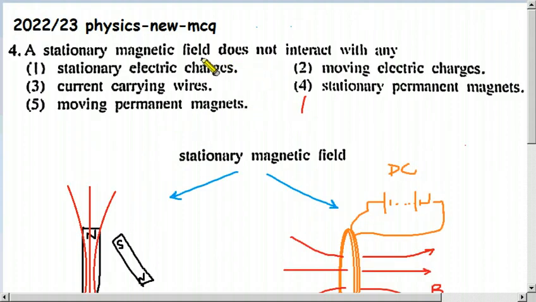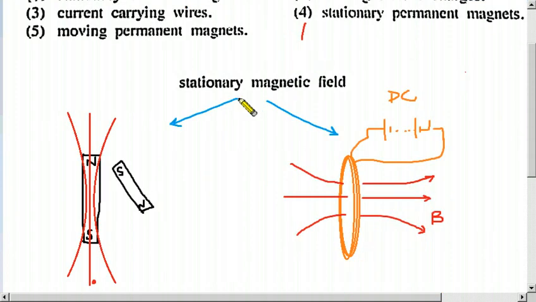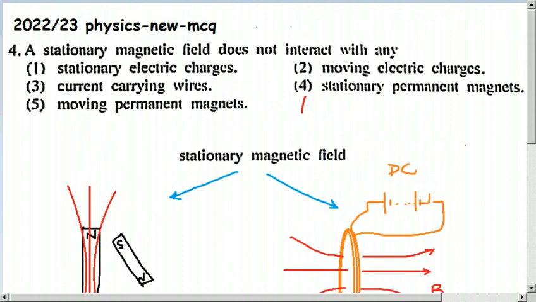What they ask is what does not interact. Here there is an interaction because it is moved, so this one is not the correct answer. Therefore we can say that this one is wrong, because what they ask is not interacted.